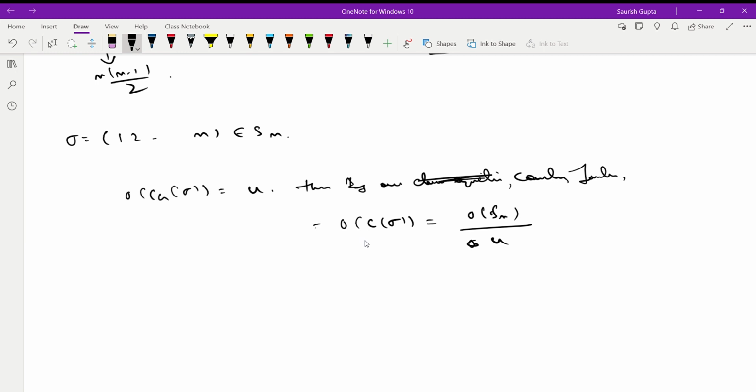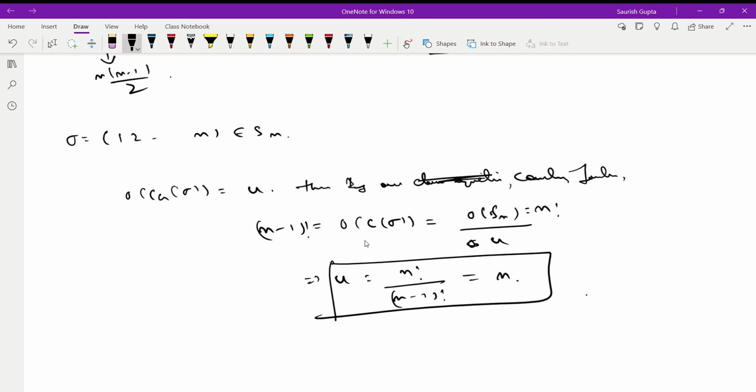In other words, the number of distinct n-cycles on n elements is simply (n minus 1) factorial, right? Clear? And the order of Sn is n factorial, thus clearly u is n factorial upon (n minus 1) factorial, which is equal to n, right? So there must be exactly n elements which commute with sigma.